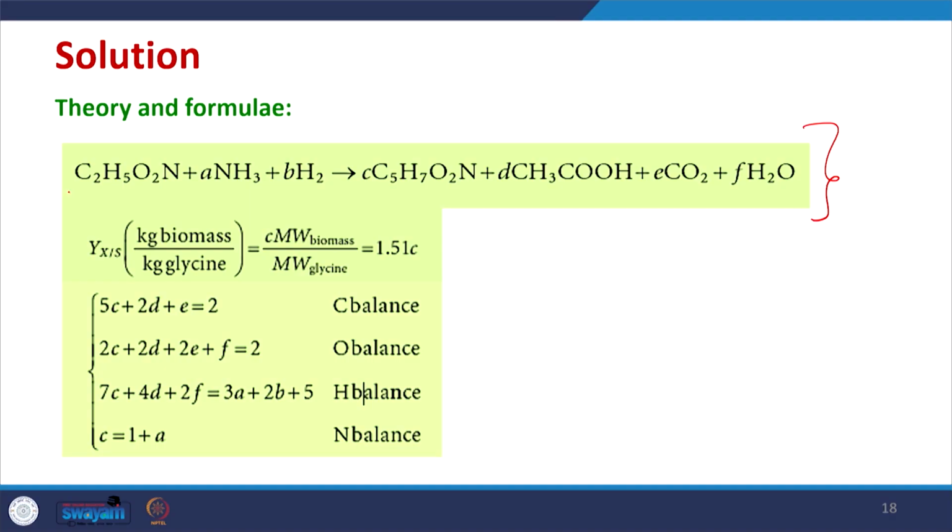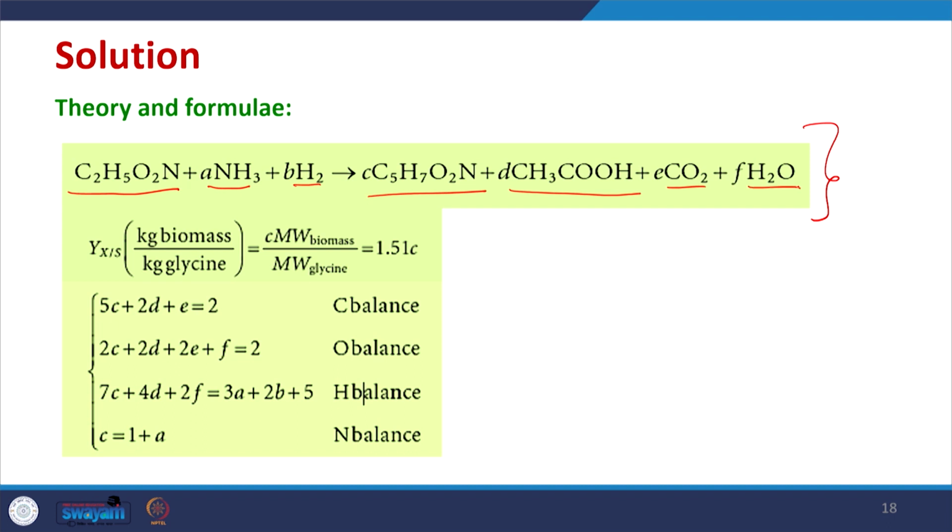So, using the information given in this example, we can easily write this particular equation. So, we have glycine reacting with ammonia and hydrogen to form the biomass, acetic acid, CO2 and H2O.